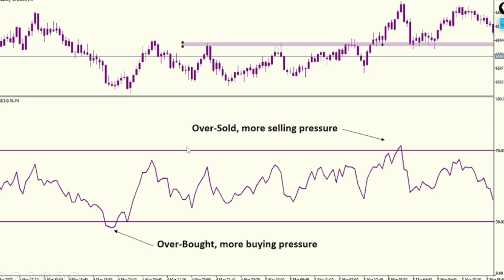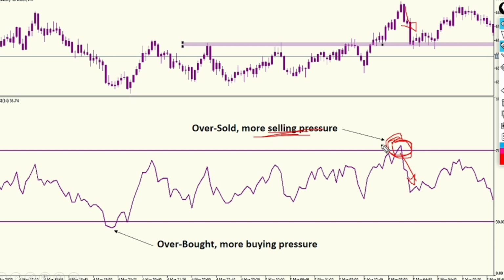So we all know that in the RSI, if the market is oversold, right, we know that it's time for you to get a potential bounce in the market. So with the RSI, if it goes above the oversold part here, there's more buying pressure, right?